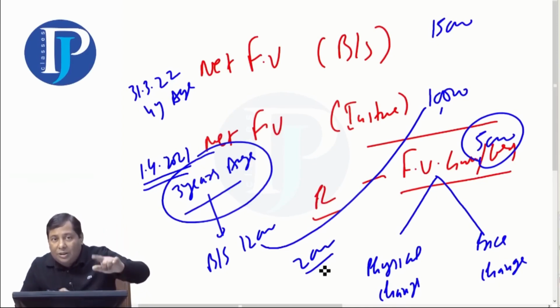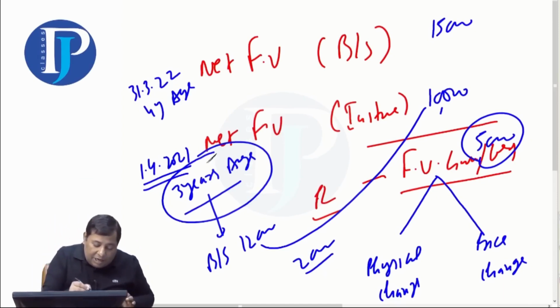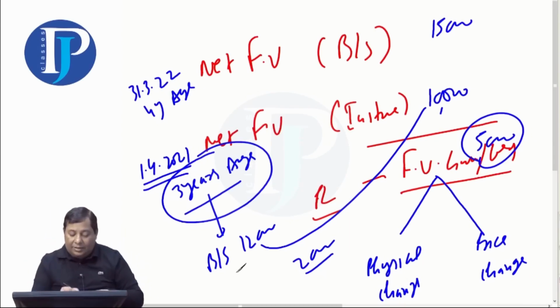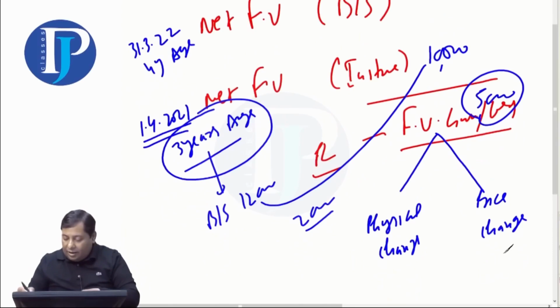On the balance sheet date, the 3 years old animal is being sold for 12,000 today. So this 2,000 rupees is price change. And the remaining 3,000 rupees is a physical change because of increased age.